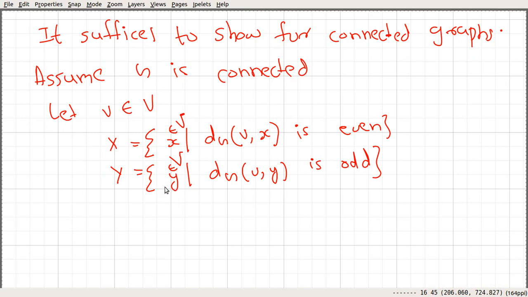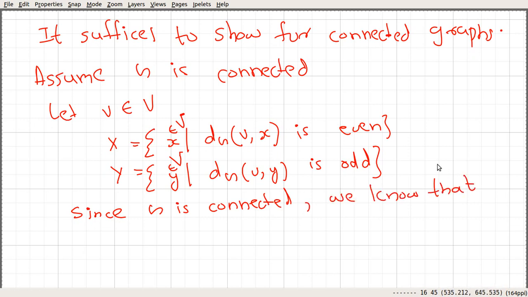Okay, so Y contains all the vertices element of V where the distance between V and Y is odd. Since we assume that G is connected, we know that X union Y is the entire vertex set.